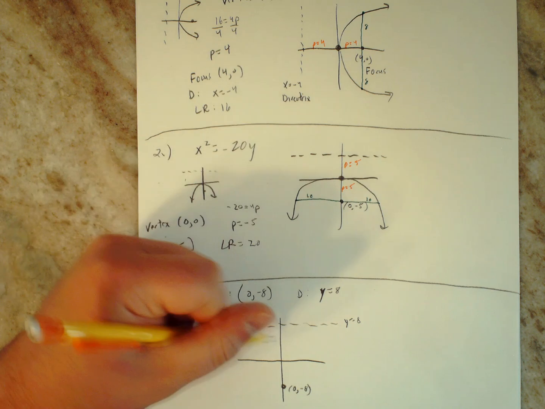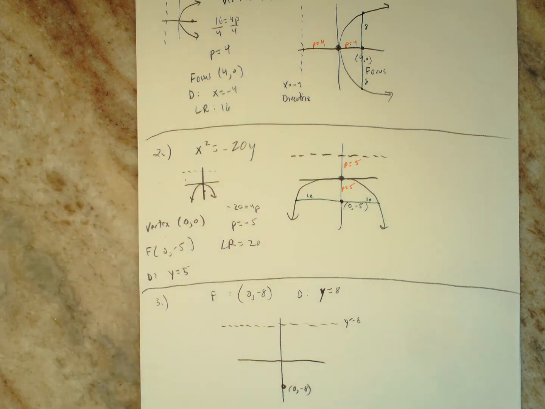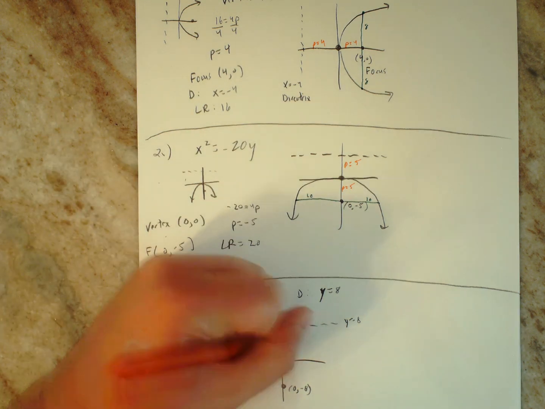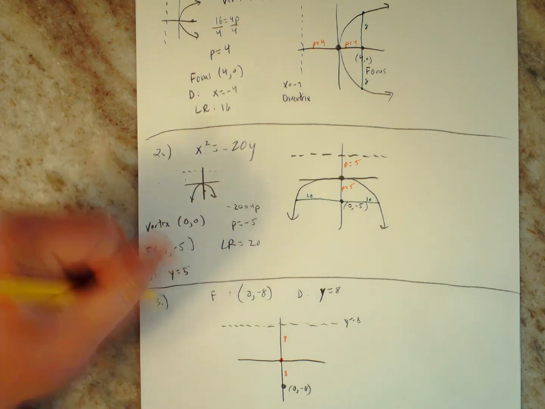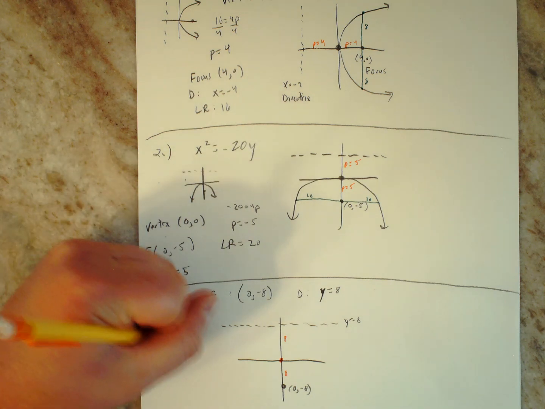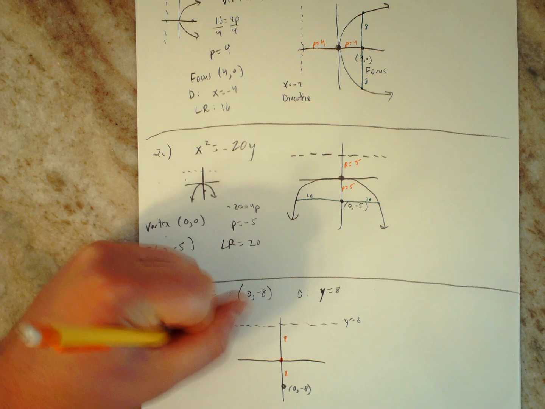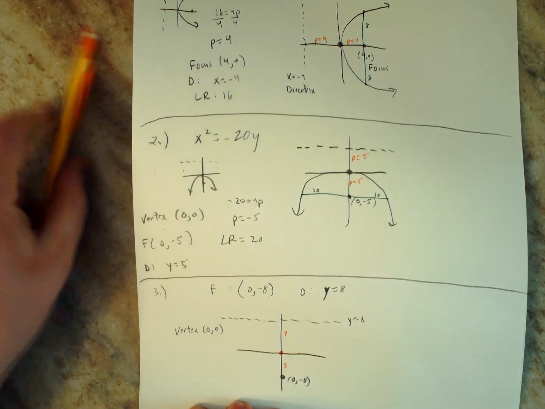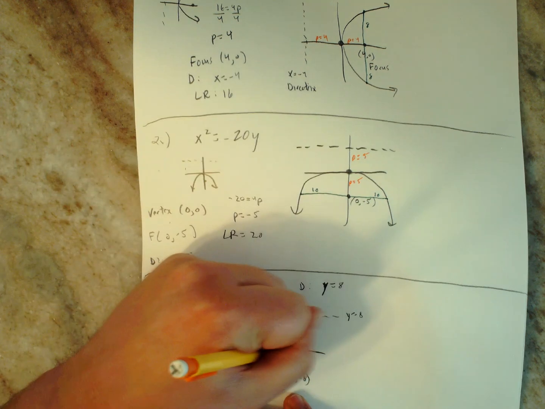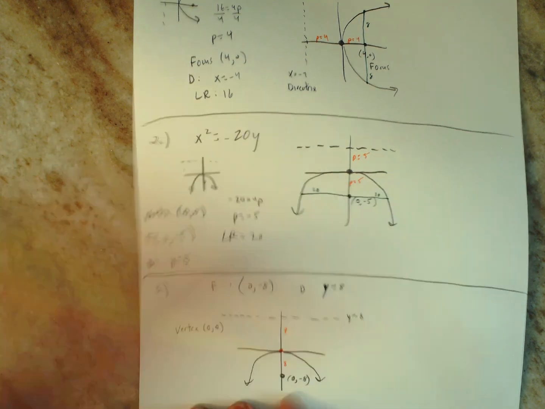That means my vertex has to be placed perfectly in between them. So if this is 8 units and this is 8 units, my vertex has to be at 0, 0.